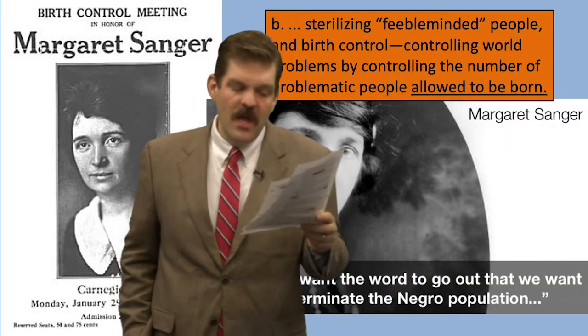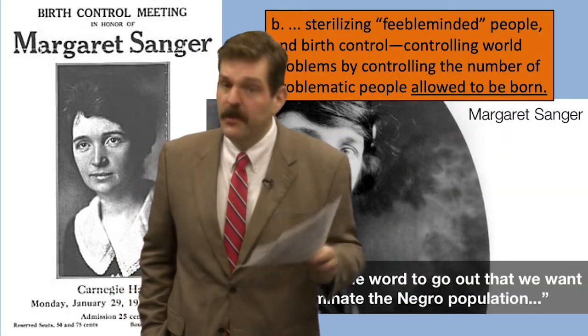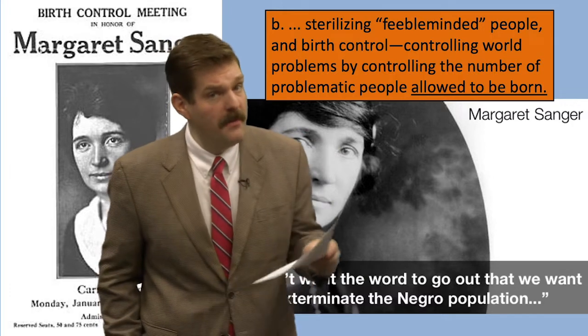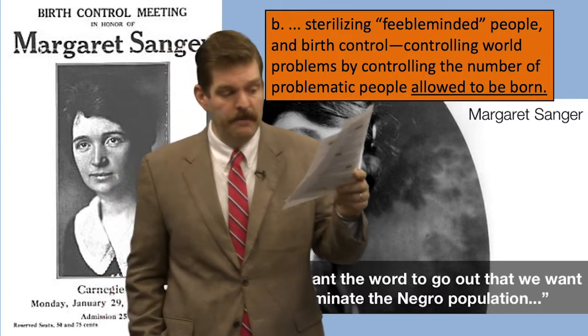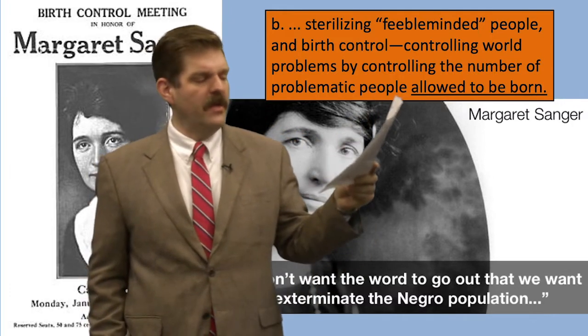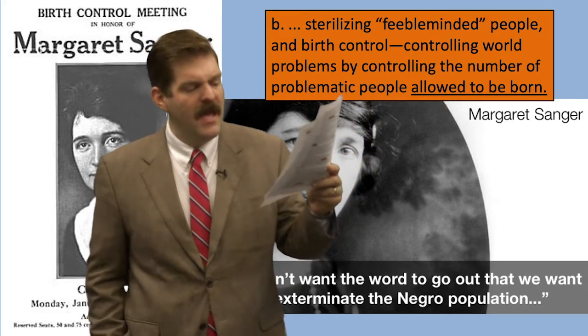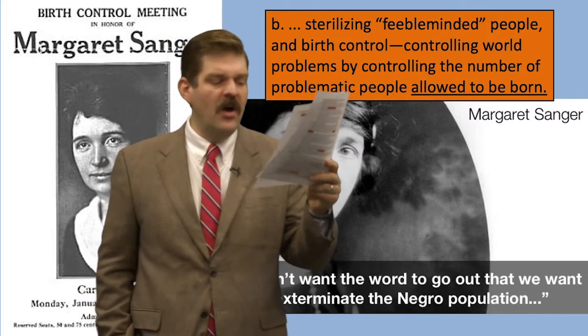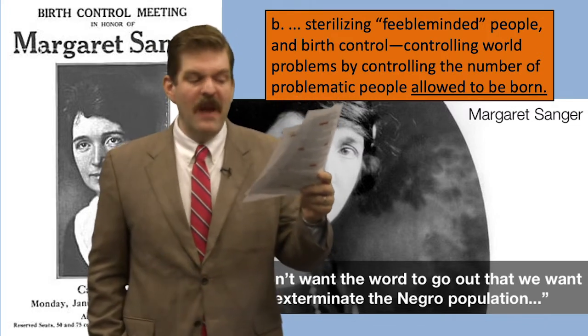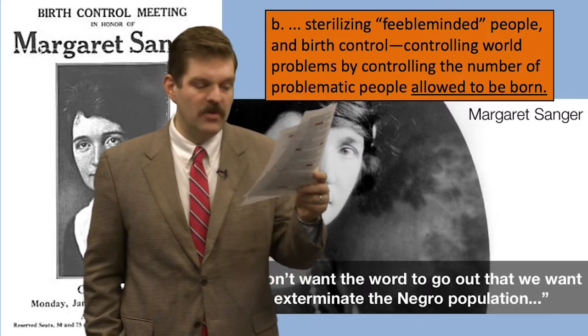And birth control, therefore controlling the world's problems by controlling the number of problematic people that would be allowed to be born. She writes, "The American Birth Control League aims to enlighten and educate all sections of the American public in various aspects in the dangers of uncontrolled procreation and the imperative necessity of a world birth control program.